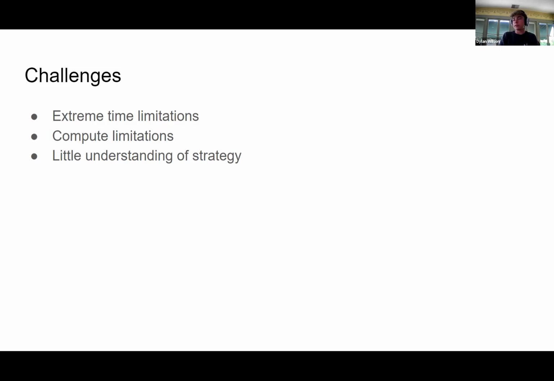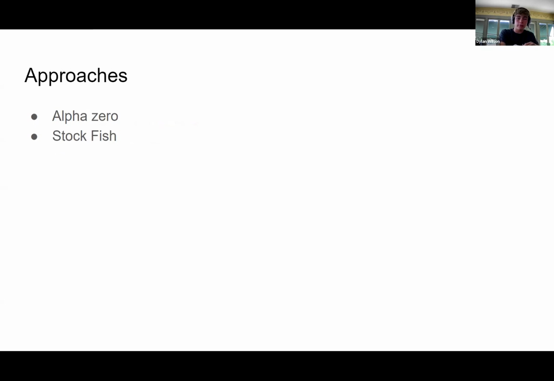The other problem we had was compute limitations. And the third and final problem was little understanding of the strategy. I'm not an expert quantum chess player myself, so I had to rely on the computer to figure out how to play the game for me, which also made the solution to this AI problem quite challenging. So the way I saw it, there were two main approaches to any chess engine.